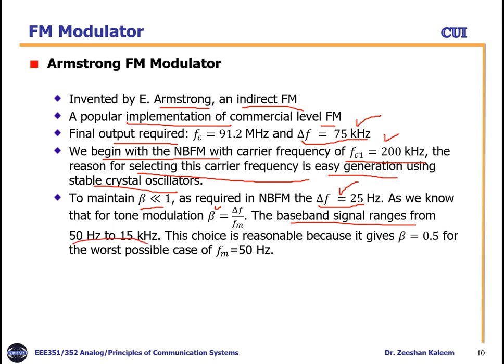If we put 50 hertz in this equation, fm is minimum so beta is maximum. With 50 hertz and delta f of 25 hertz, we get beta equal to 0.5, which is the worst case. So the selection of delta f looks reasonable here.